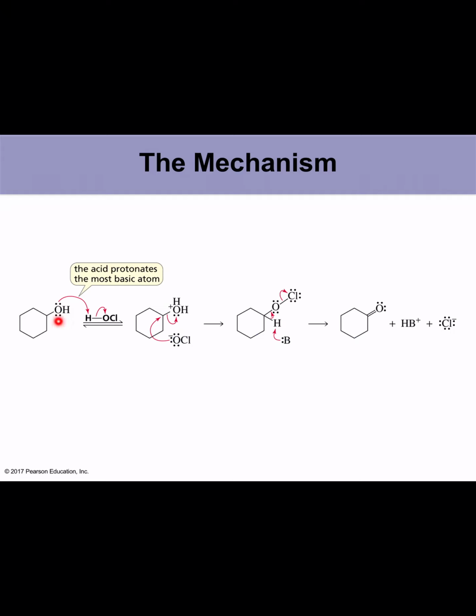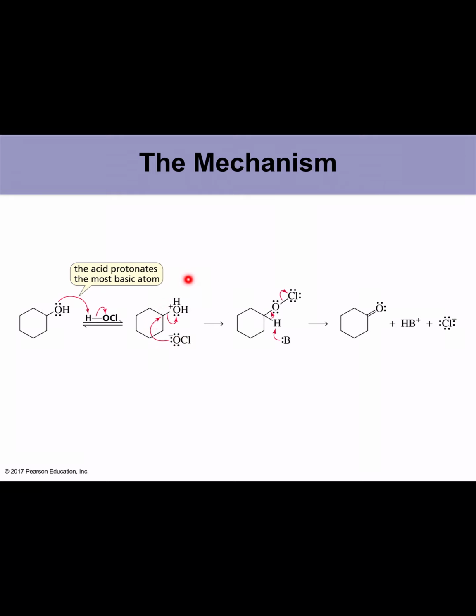And this is the mechanism of hypochlorous acid. The alcohol gets protonated, taking the hydrogen from the hypochlorous acid, becoming a protonated alcohol, with a good leaving group as a water molecule. So the hypochlorite acts as a nucleophile.